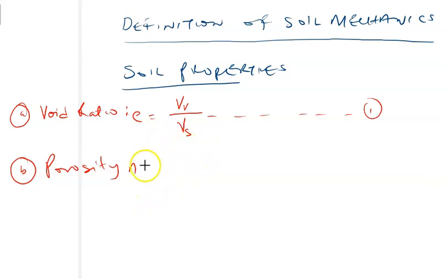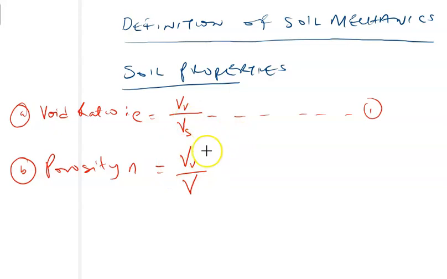So it is no longer that of the solids. Here, in porosity, it is the ratio of volume of voids to the total volume of the soil sample, the bulk volume.